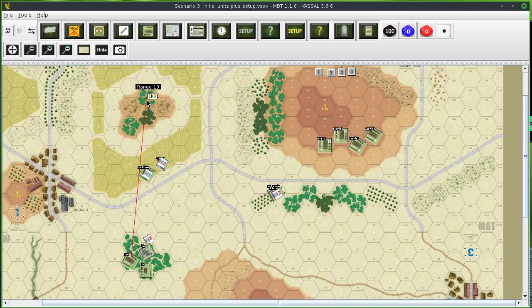That might be a good place to put a recon unit. Quite possibly my tanks. Now I'm not going to be able to put tanks in that heavy woods though. So I have to spread out my tanks because of that heavy woods right there.